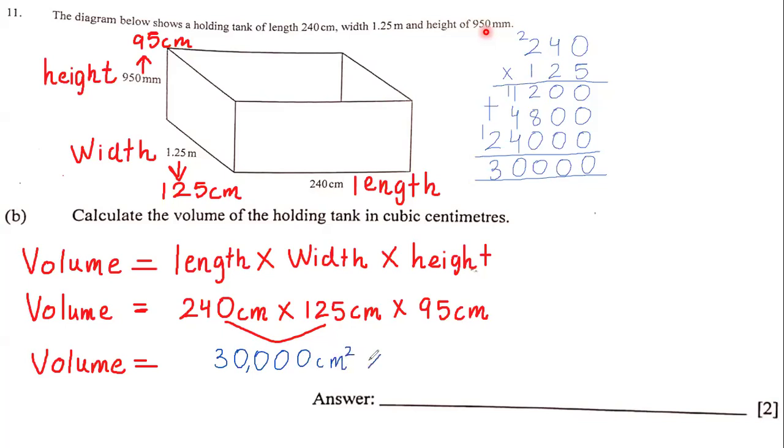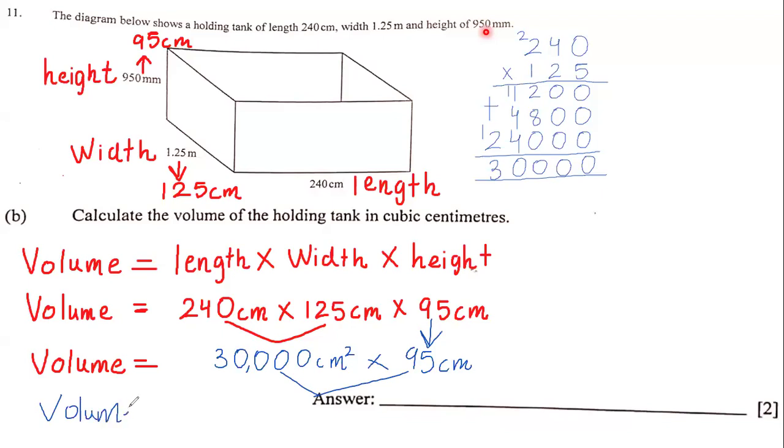Multiplied by, you have to keep the 95, right? So multiply by 95 centimeters. It's just centimeters. So what is 30,000 multiplied by 95? What is the volume?